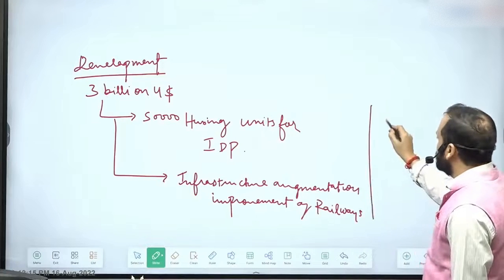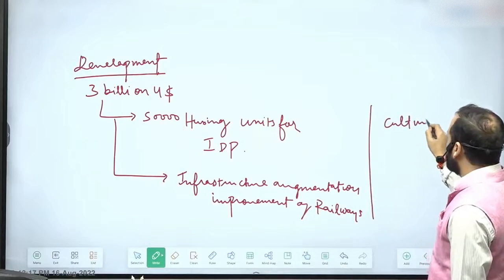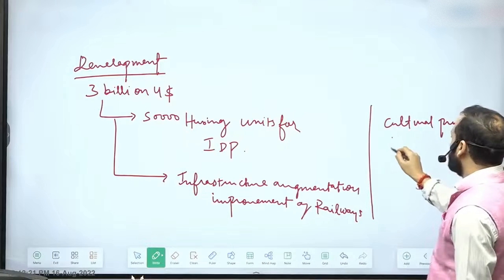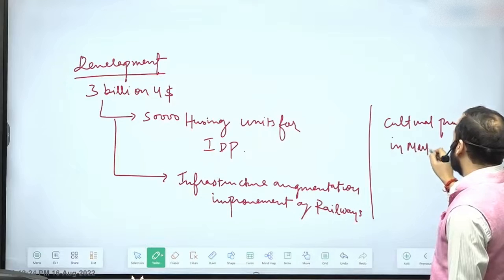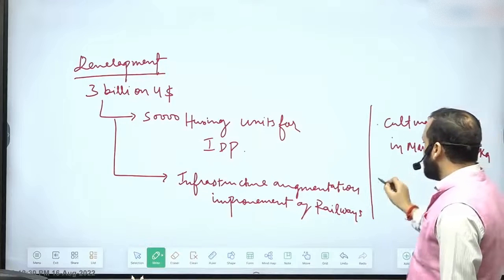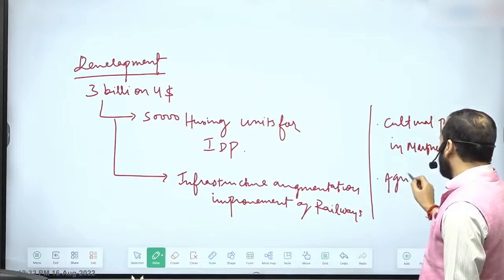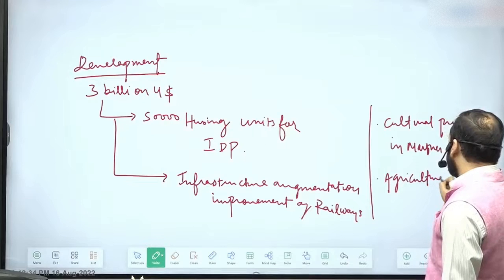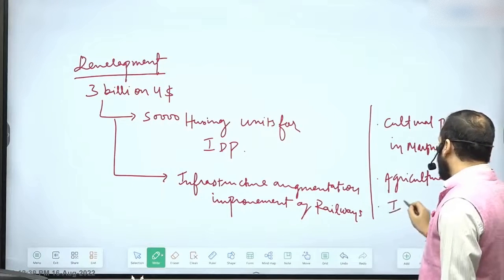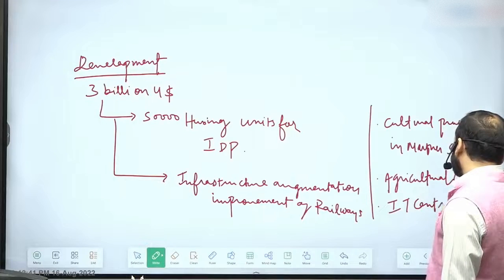But also India is supporting cultural projects in northern Sri Lanka, meaning restoration of certain temples, right? India has supported building of agricultural centers. India has supported building of IT centers.